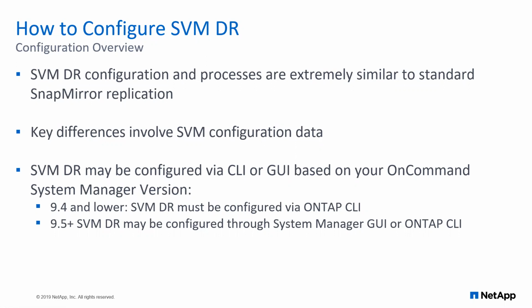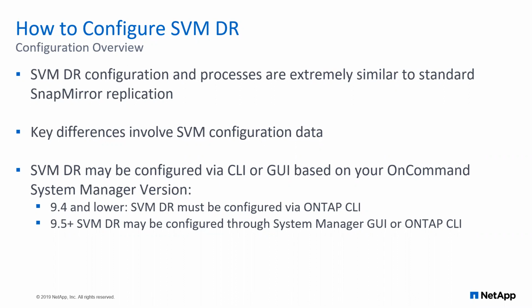Something else to know is that right now, you're probably going to have to configure SVMDR using the ONTAP CLI or command line interface. Unless you're running ONTAP 9.5 on your source and your destination, in which case you'll also have OnCommand System Manager 9.5.